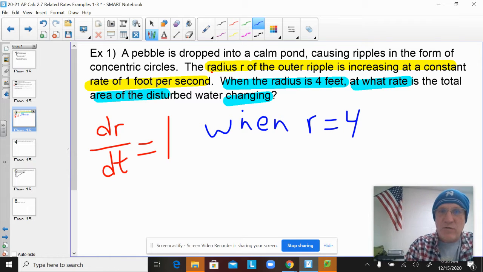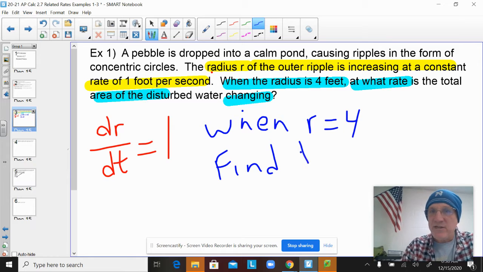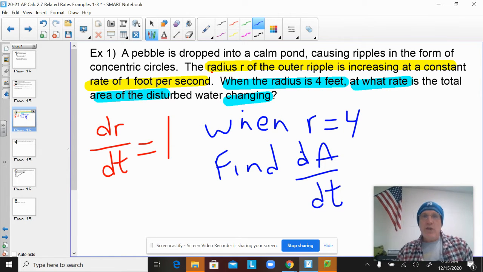It's asking us to find how fast the area is changing, dA dt. So you have to be able to read a problem like that and figure out, okay, this problem gave us a rate, dr dt. That's how fast the radius of that outer circle is increasing. And then at the very moment when r happens to be 4, how fast is the area changing?